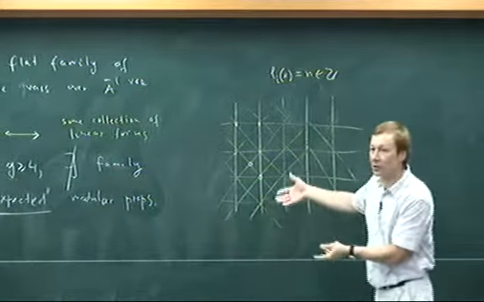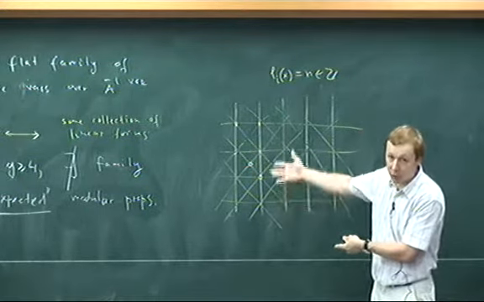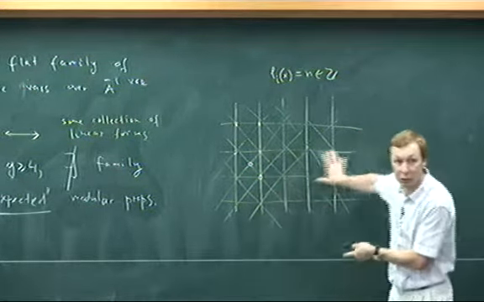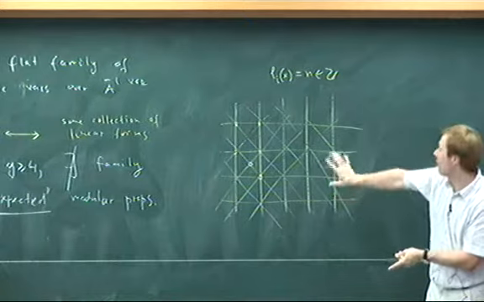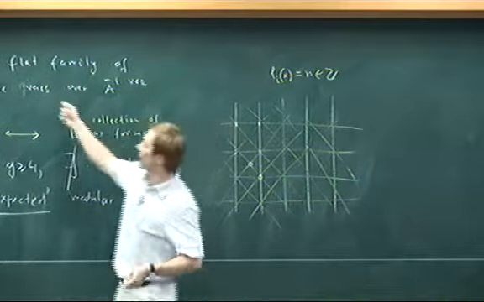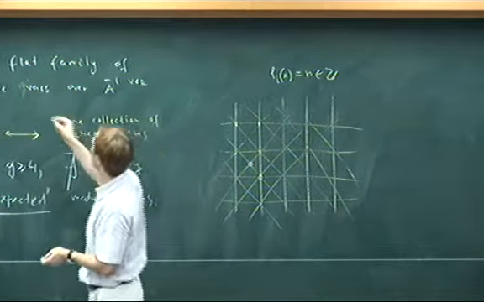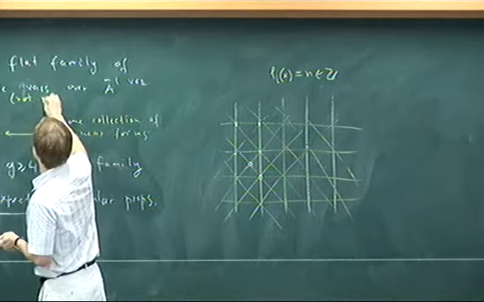But you can still interpret this as a projective variety. That's exactly what I mean here. So that's this family. The caveat is that these are not principally polarized.